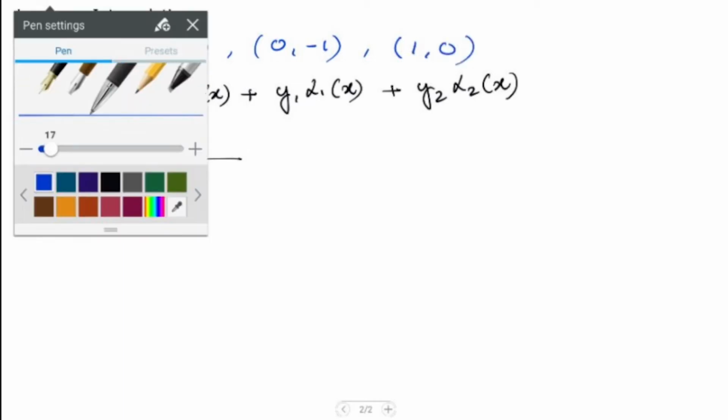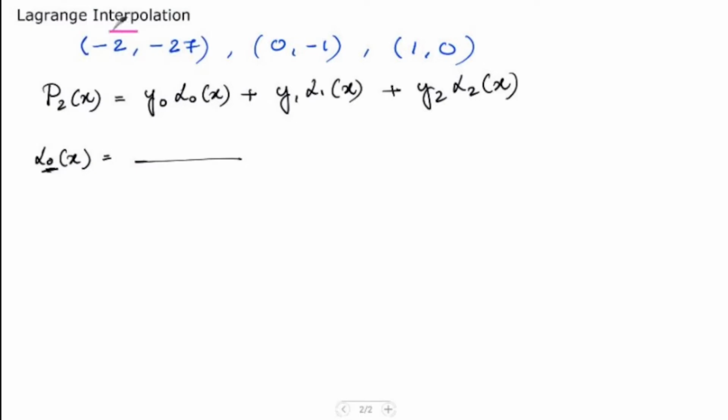So here, minus 2 is the x0, minus 27 is y0, and so on, x1, y1, x2, y2.